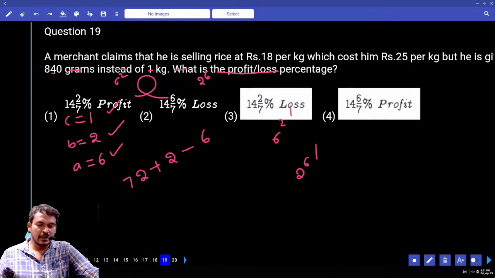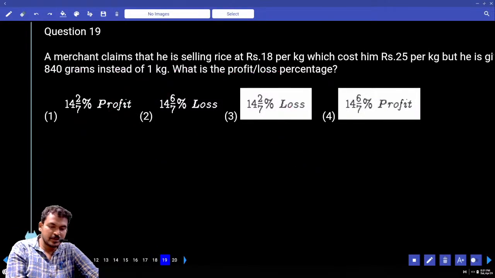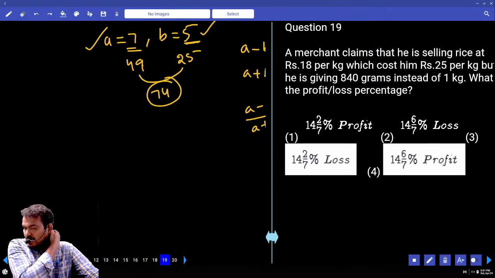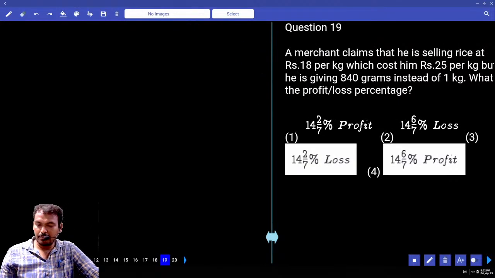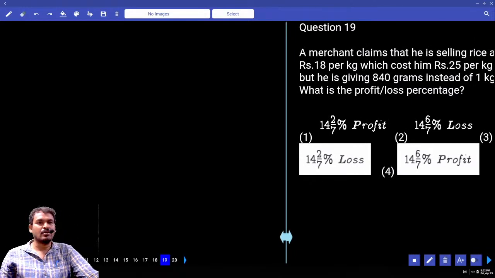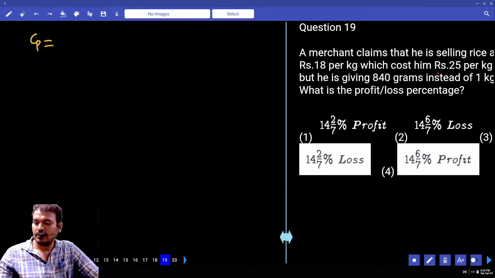Next, question number 19. A merchant claims that he is selling rice at 18 rupees per kg, which cost 25 rupees per kg, but he is giving 840 grams instead of 1 kg. What is the profit or loss? To check profit or loss, the quantity must be the same in both cases. What is the cost price of 1 kg? 25 rupees.